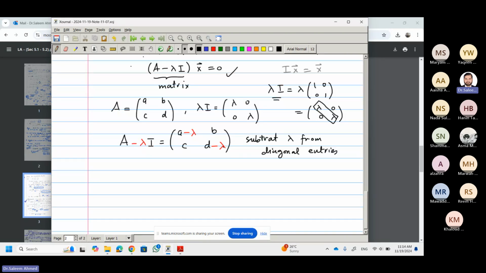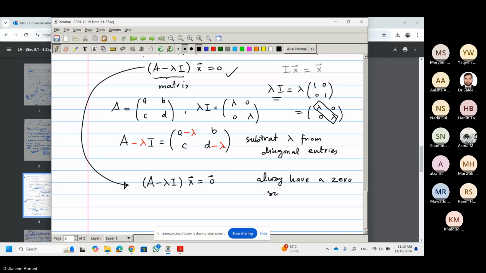But anyway, coming back to this equation, when will this have a solution? This system always has a zero solution, right? That is x equal to 0.